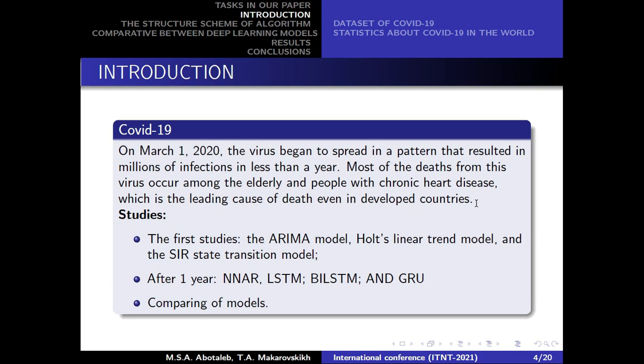In our studies, we first studied the ARIMA model, Holt linear trend models and SEIR models, which are state transition models. After 1 year, we used neural network models: NNAR, LSTM, bidirectional LSTM, and GRU models. We want to compare these models to analyze the error in forecasting the top 10 countries affected by COVID-19.